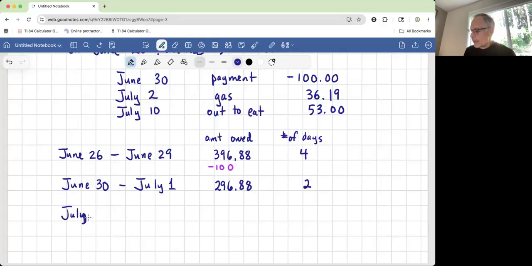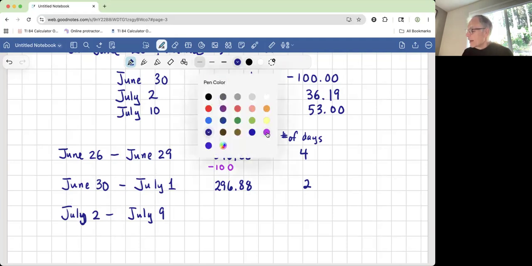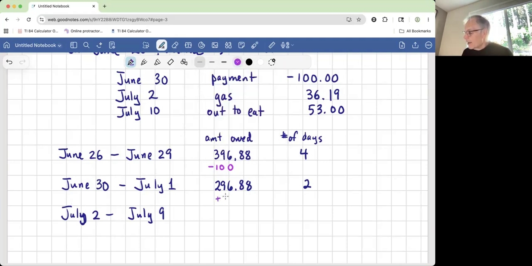Okay, then on July 2nd, we buy some gas. So from July 2nd to July 9th, we buy some gas for $36.19. Hey everybody, that increases the amount owed.